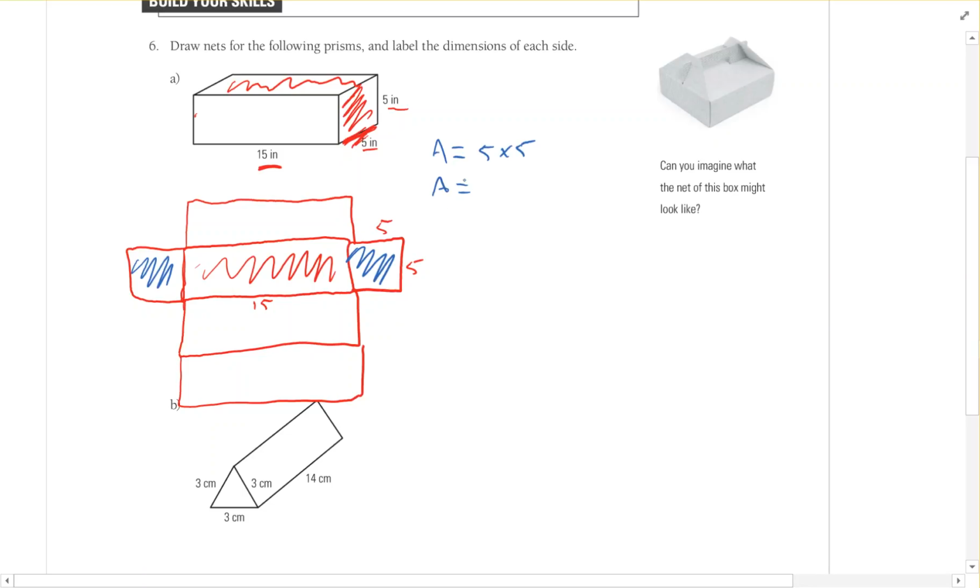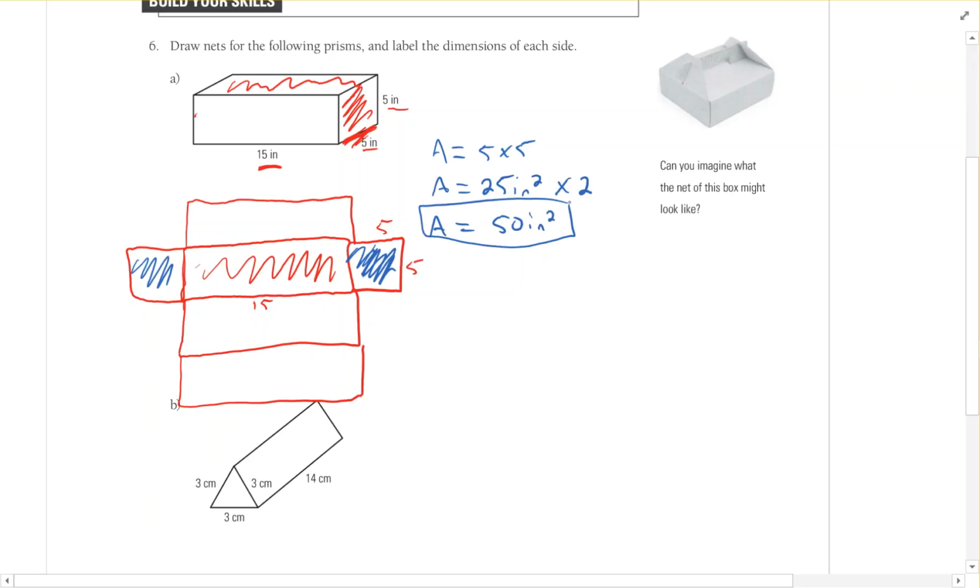Base times height. That's just for one of them. So the area of just this one is going to be 25 inches squared. But I want the area for both of them, so I'm going to say times 2. So that's going to be 50. So the area for both of those things is going to be equal to 50 inches squared.